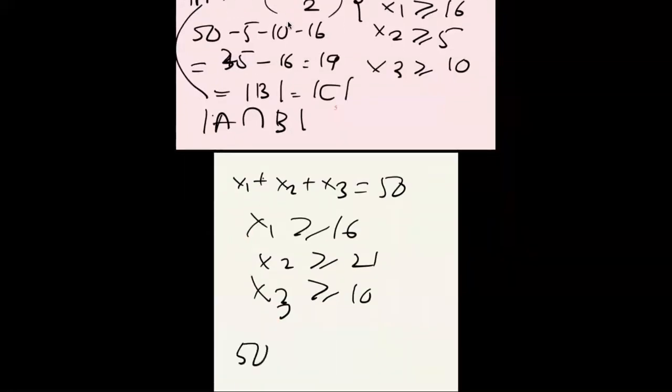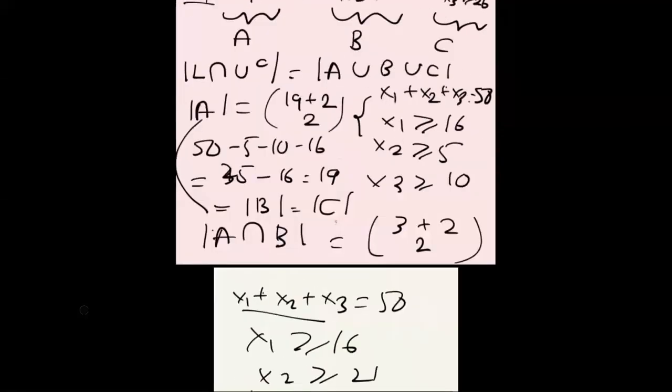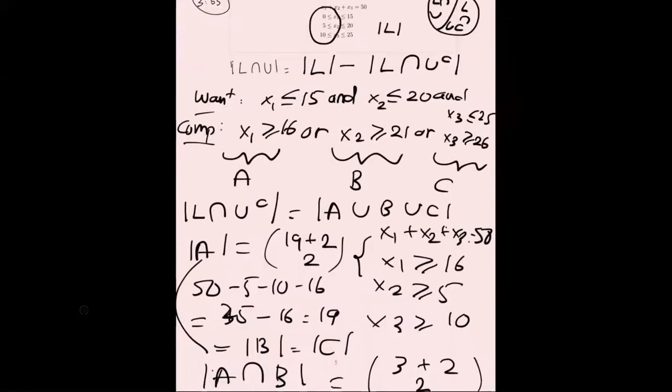Then the remaining number of balls I have left is 3, yeah. So now you have to distribute 3 identical balls into 3 bins. And that's 3 plus 2, choose 2. And if you do the same for B intersect C and A intersect C, you will get the same number.